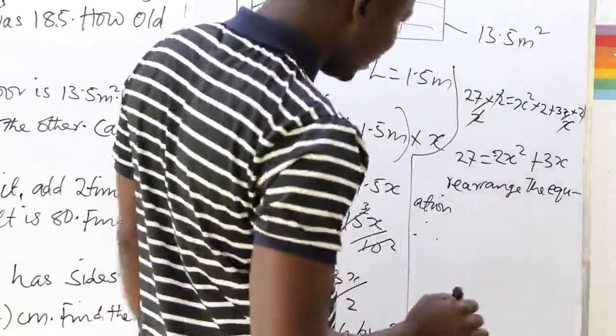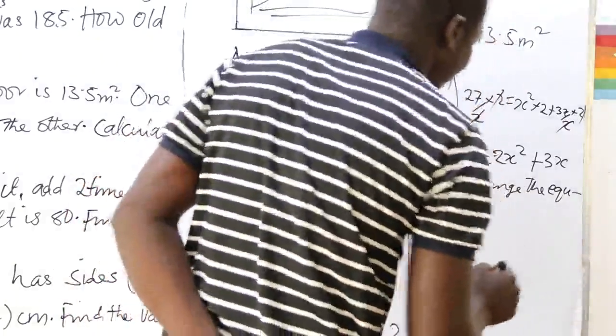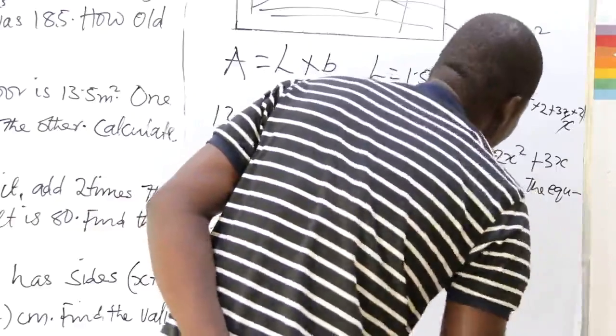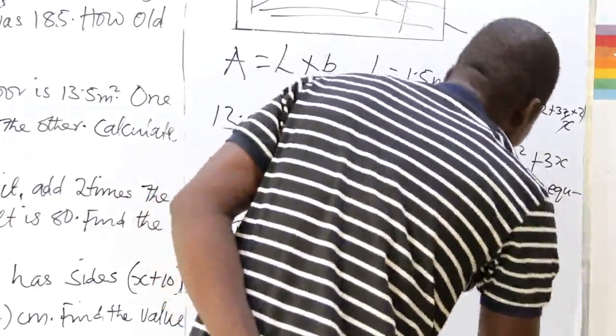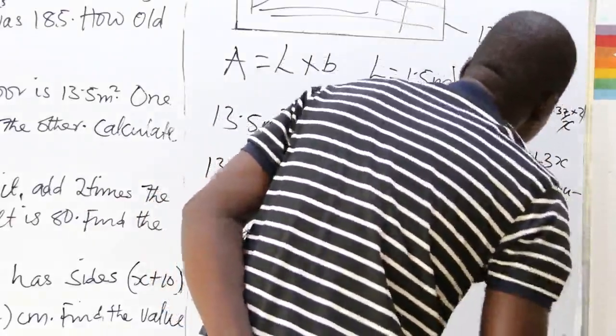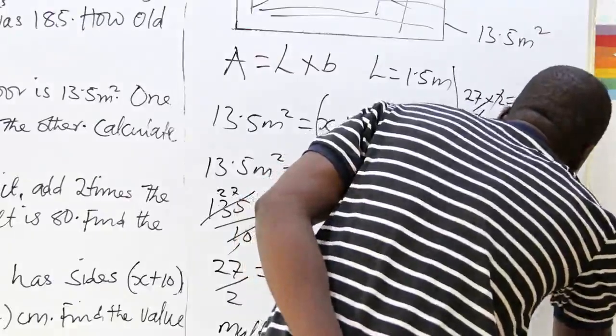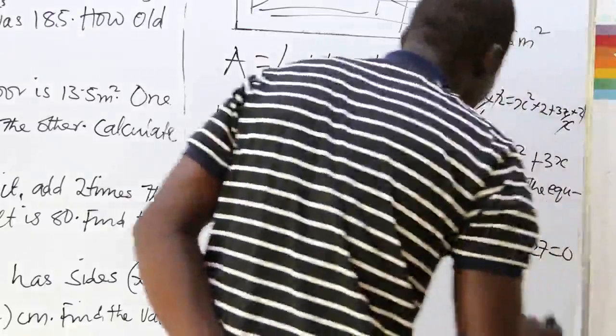Therefore, if we are arranging this equation, we are going to have minus 2x squared minus 3x plus 27 equals 0.